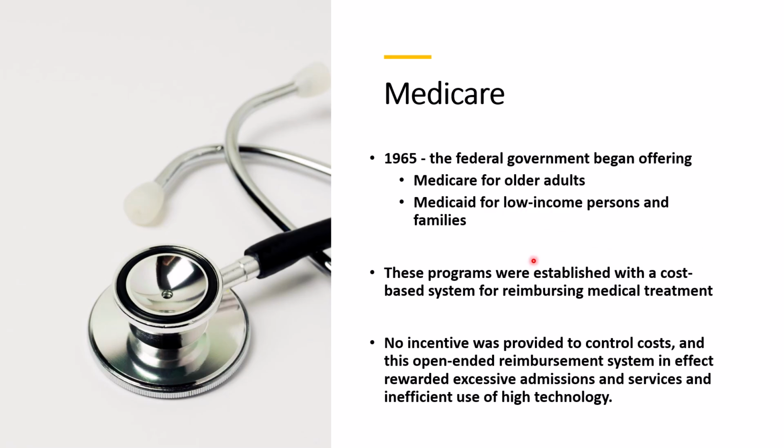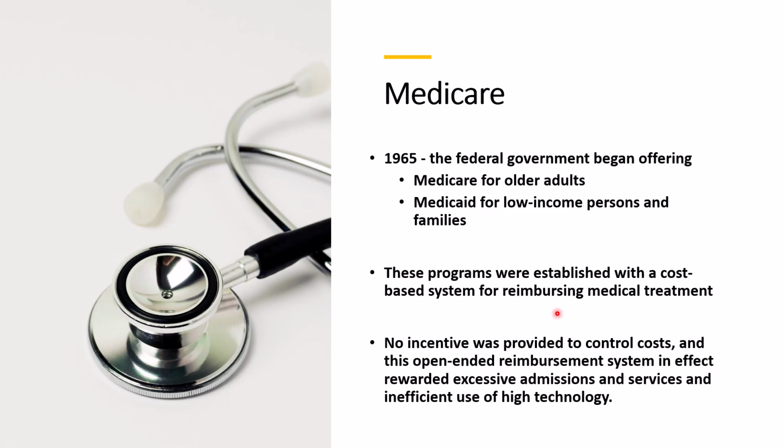Medicare, again, 1965, the federal government began offering Medicare for older adults, Medicaid for low-income persons and families. These programs were established originally on a cost-basis system for reimbursement. In other words, if you did this exam, you got this much money. Which you can see, there was no incentive provided to control cost.